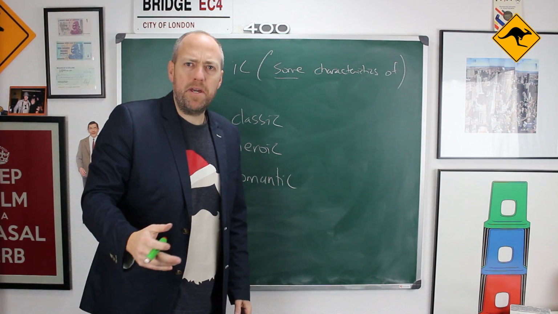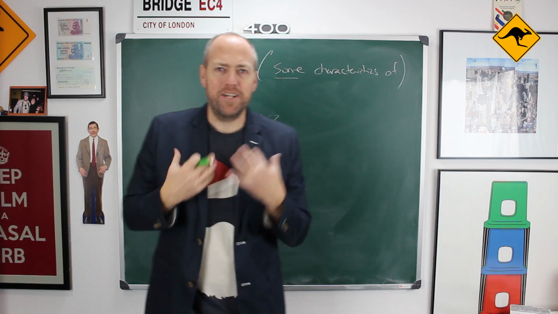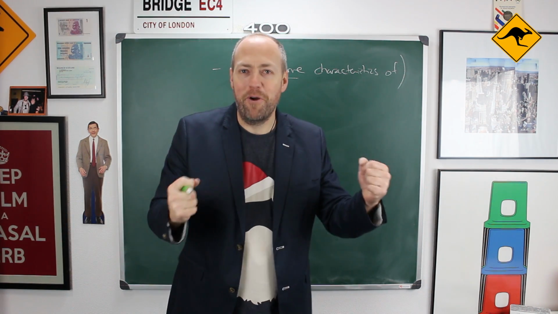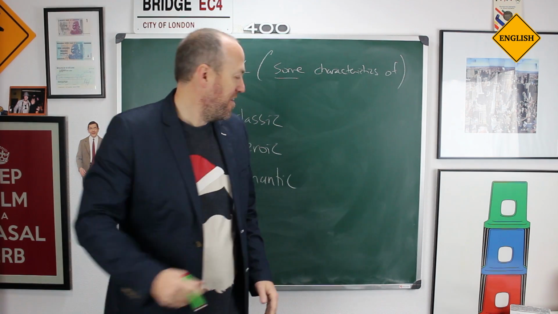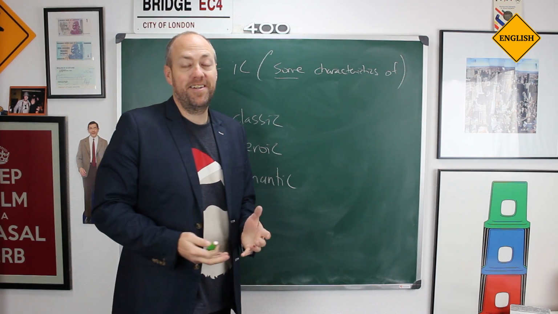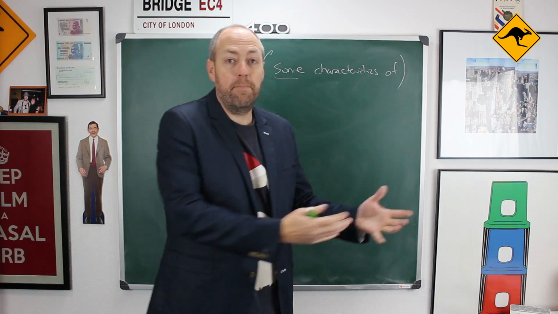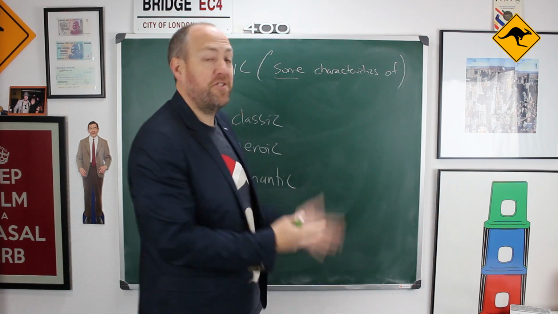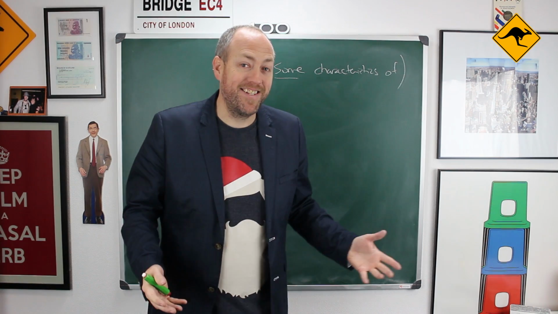Heroic. Maybe part of you is a teacher, an English teacher, and the other part of you is a hero. You are heroic. Or romantic. Sometimes I buy flowers for my wife, sometimes no. I have some characteristics of being romantic.